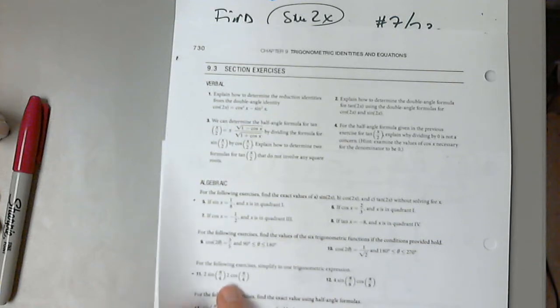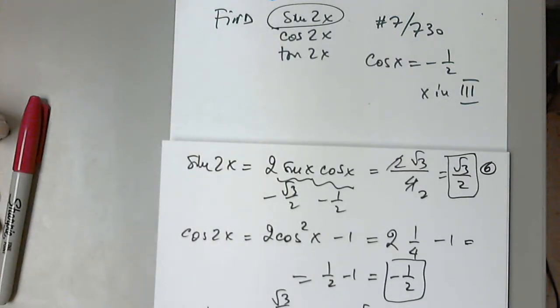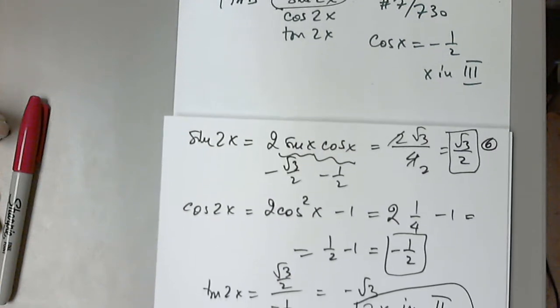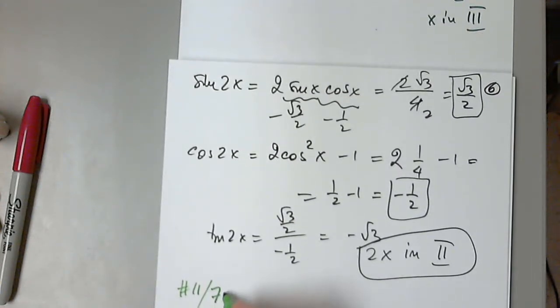Let's look at 11. In 11, we are given the following information. 11 on page 730. They're asking us to simplify 2 sine pi over 4 times 2 cosine pi over 4.